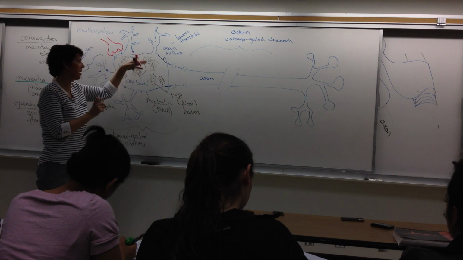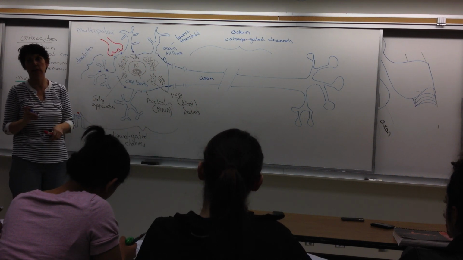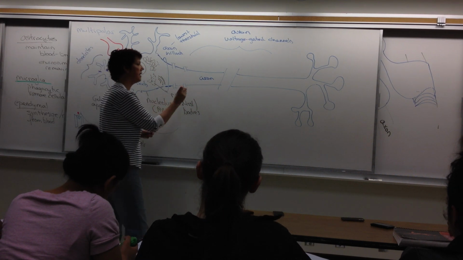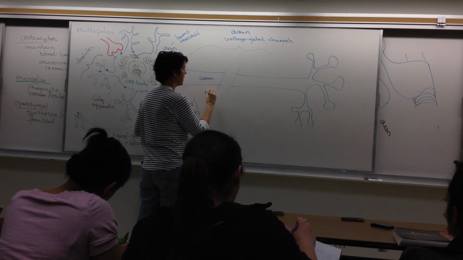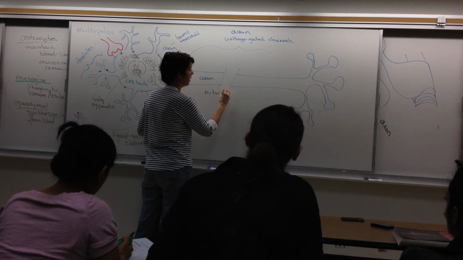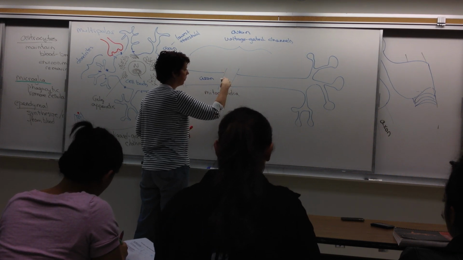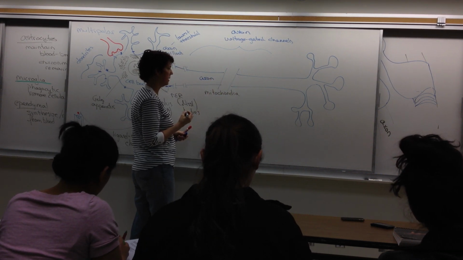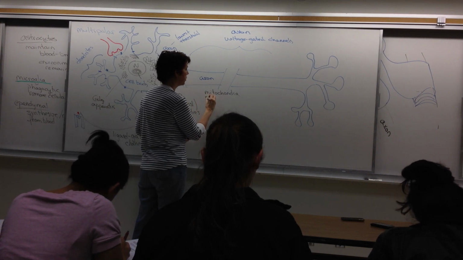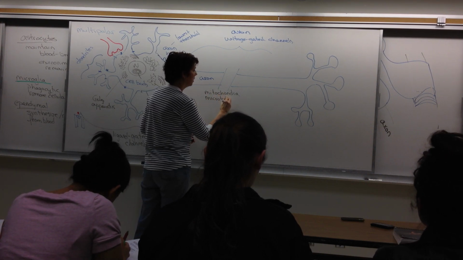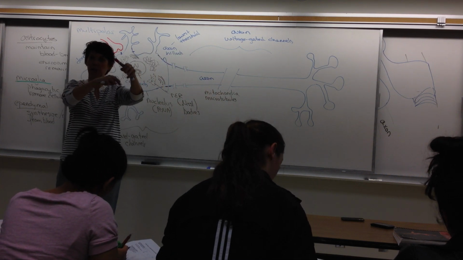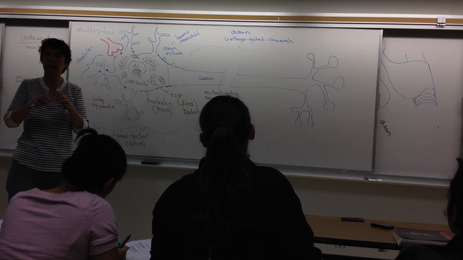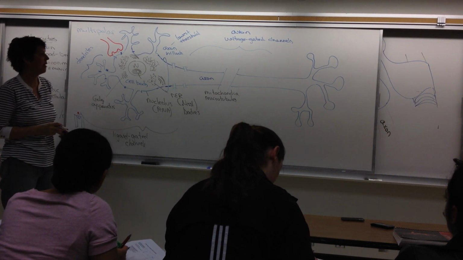It doesn't contain all these protein synthesizing organelles, but it will contain mitochondria because of the sodium-potassium pumps required to return the membrane back to its normal resting potential. We have a lot of microtubules because that's how sacs of neurotransmitters are transported, kind of like an L train. They're kind of moved down the axon.